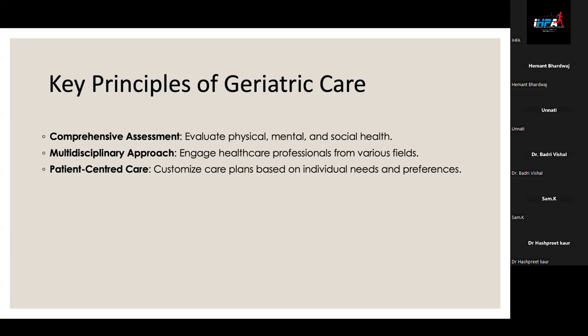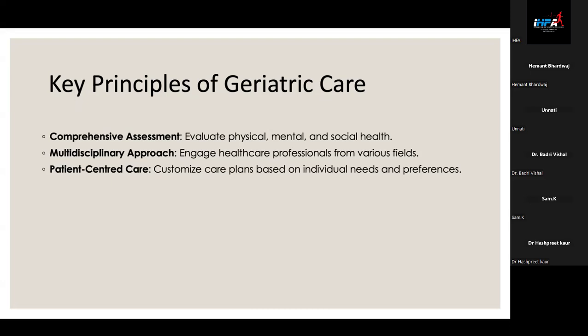Then you have to make sure that it is patient-centered care. A customized care plan based on individual needs and preferences should always be followed. Working with geriatric patients is just like working with children, just that these children are over the age of 60, and they will have similar tantrums and similar problems.